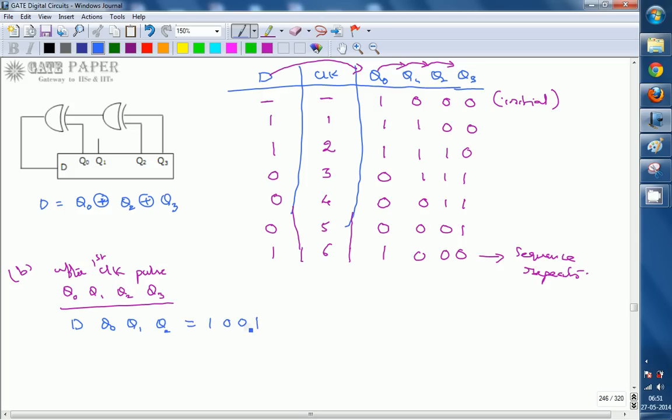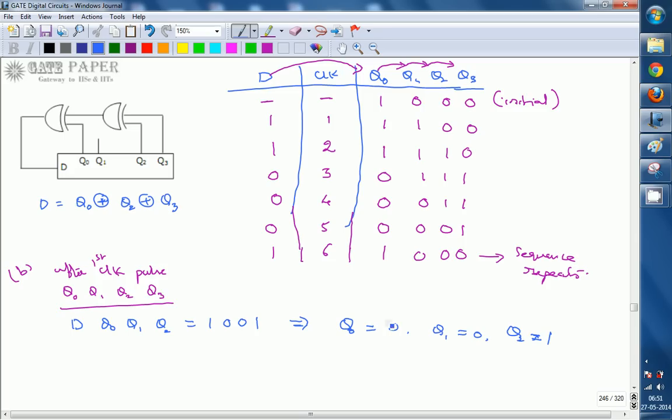If it is 0111, then what must be the values of Q0 Q1 Q2 Q3? From this one you can finalize that Q0 Q1 Q2 are nothing but 001. So Q0 must be 0, Q1 must be 0, and Q2 must be 1.